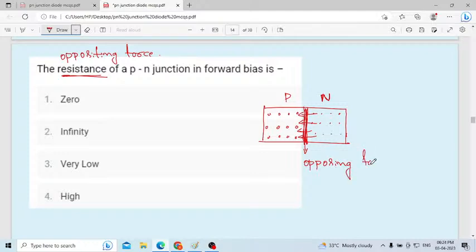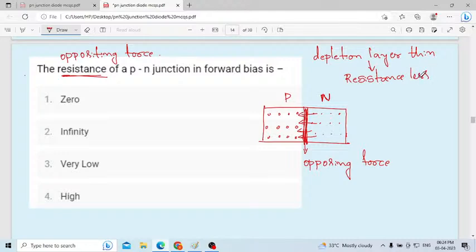If the depletion region is very thin, the opposing force is less. We consider this the depletion region or layer. If this layer is thin, the resistance will be less, or you can consider the opposing force very less.